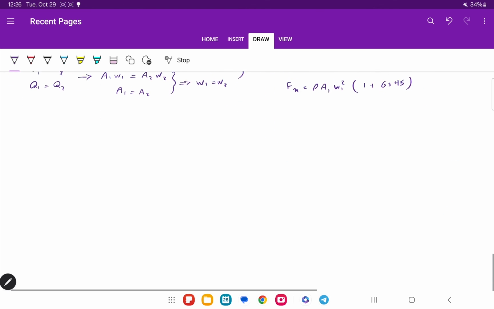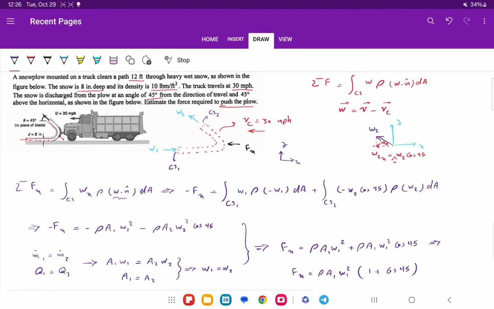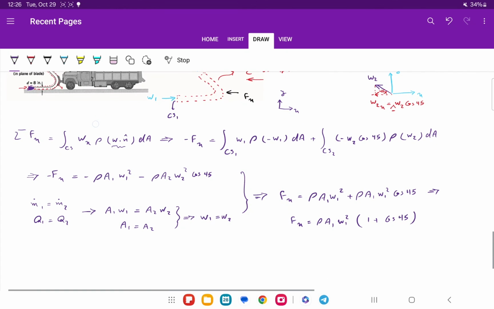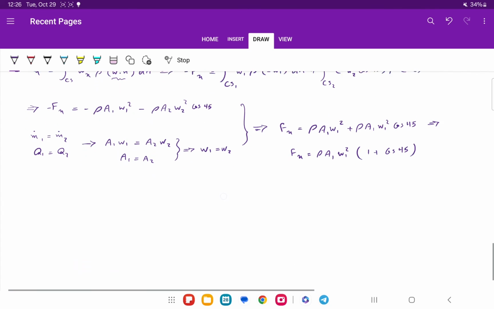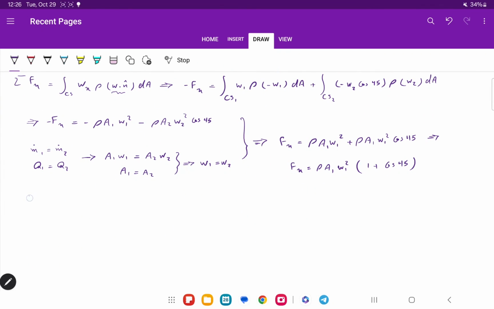Now we should find W1. The snow here doesn't have any velocity. Actually, it's on the ground. So if we want to find W, we have to write down this.